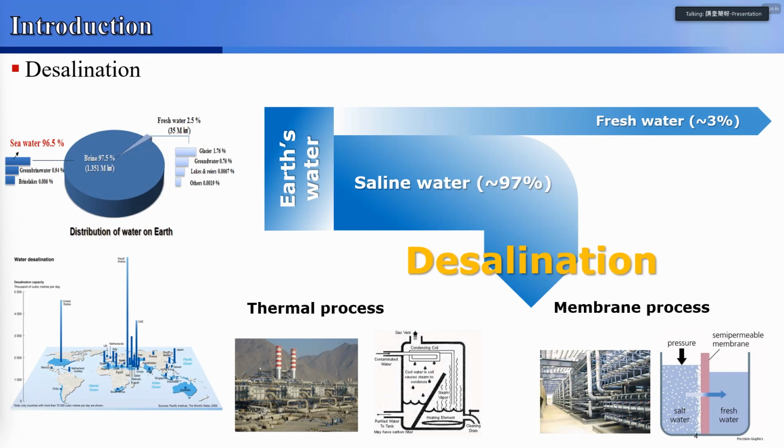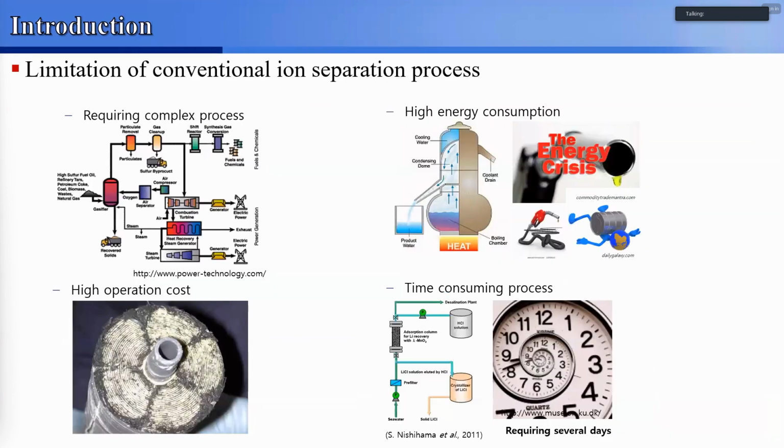One is the thermal process, and another is the membrane process. However, requiring complex processes and high operation cost are the limitations of conventional ion separation processes. And they still require very high energy, even RO, which is considered the most energy efficient ion separation process.